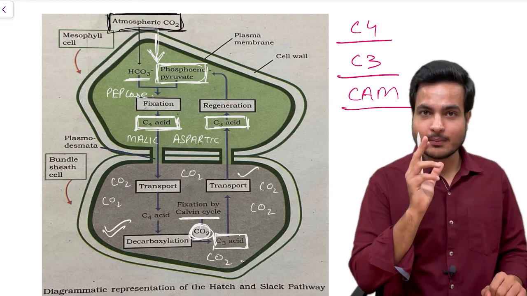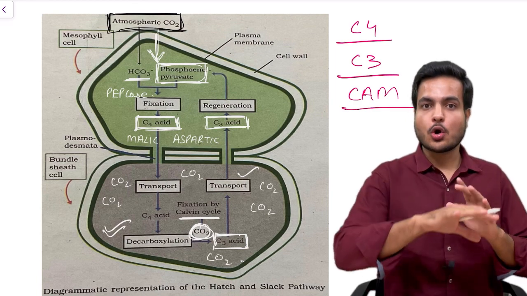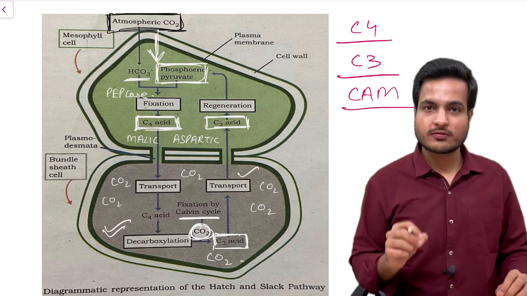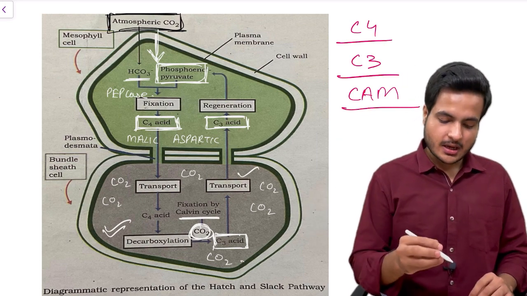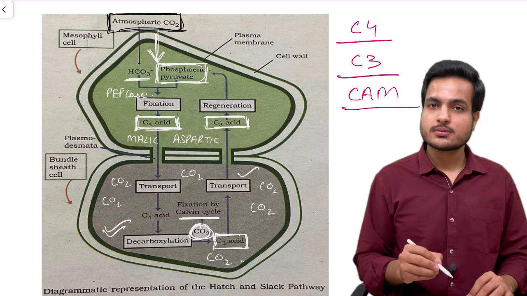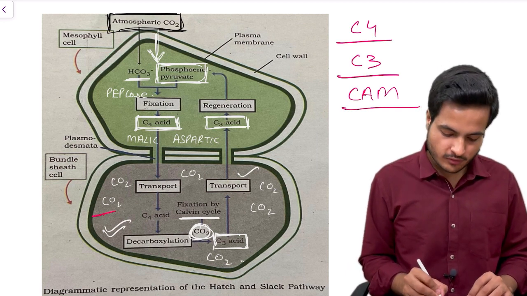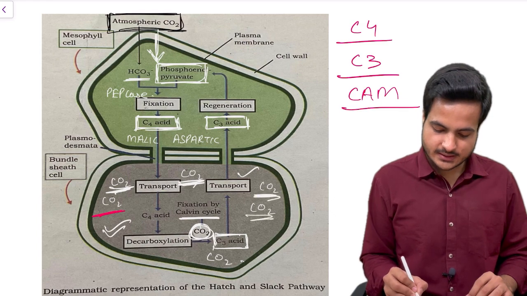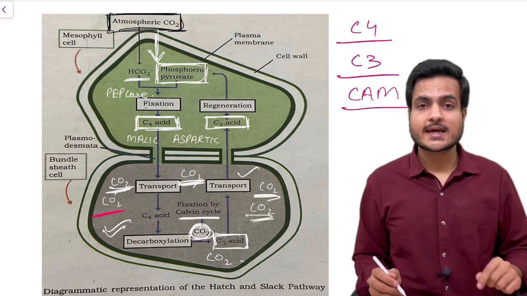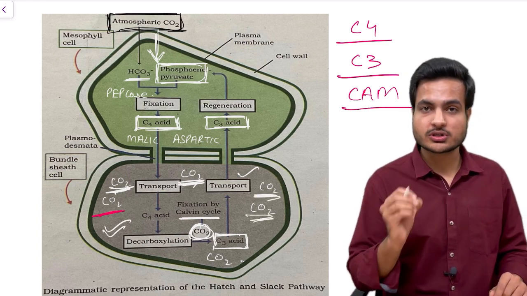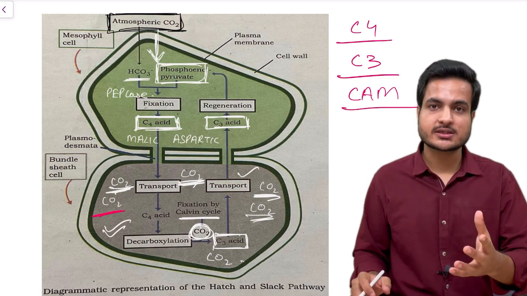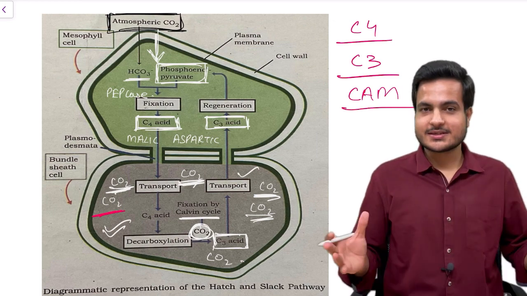What was the importance of taking a long route for the formation of carbon dioxide? Just because by taking a long reaction route, the amount of carbon dioxide at the reaction site was increased, and therefore the Rubisco enzyme functions only as carboxylase enzyme, not as oxygenase. With this, the discussion is over.